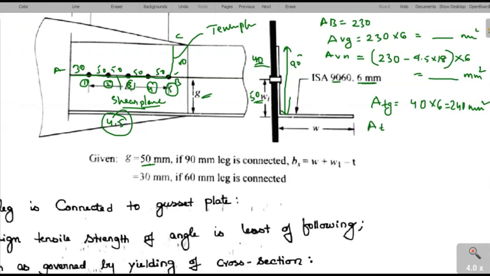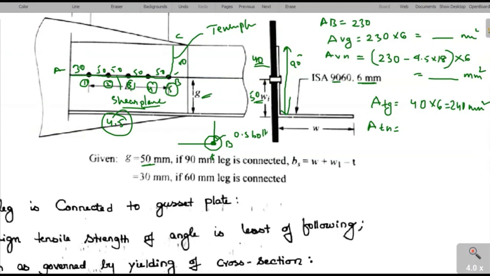బట్ Atn అన్నప్పుడు మనం తీసుకోవాలి. సో హౌ మెనీ బోల్ట్స్ ఆర్ దేర్ అలాంగ్ ది BC? Only half bolt is there. See here, this is the bolt number 5 section ila undi. This is B, right? From here we have only 0.5 bolt.